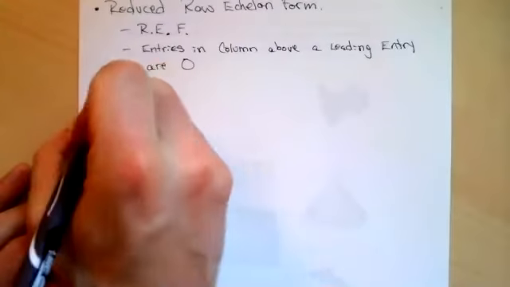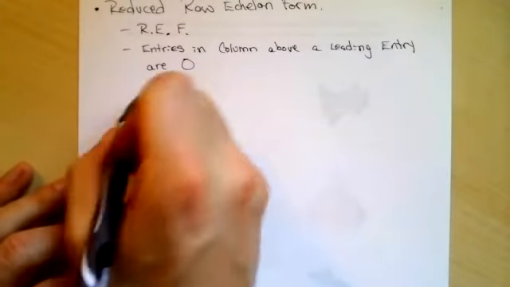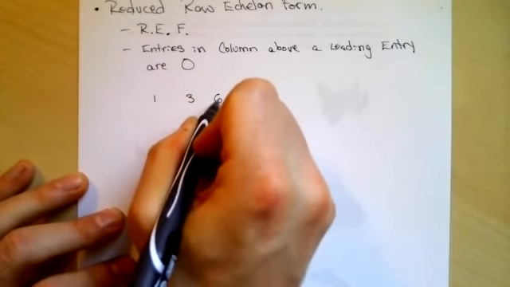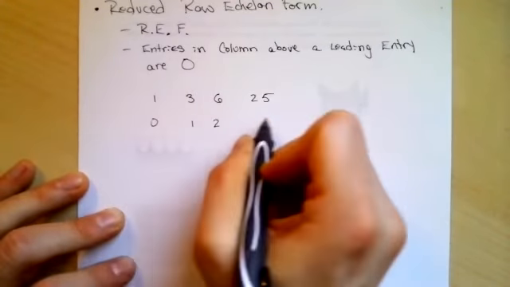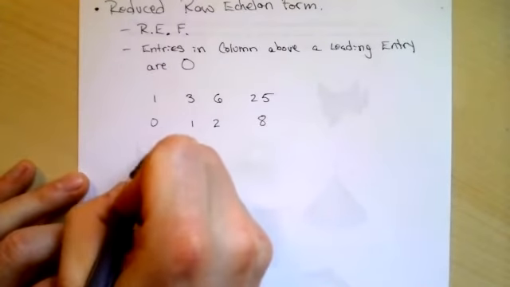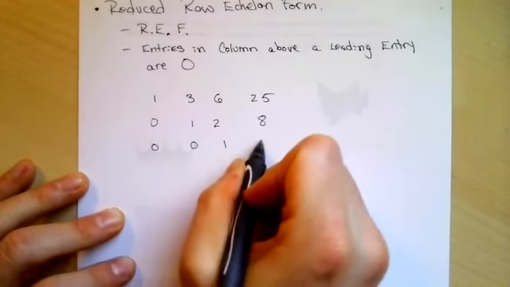In other words, if we rewrite our example, we had 1, 3, 6, 25, 0, 1, 2, 8, and 0, 0, 1, 3.